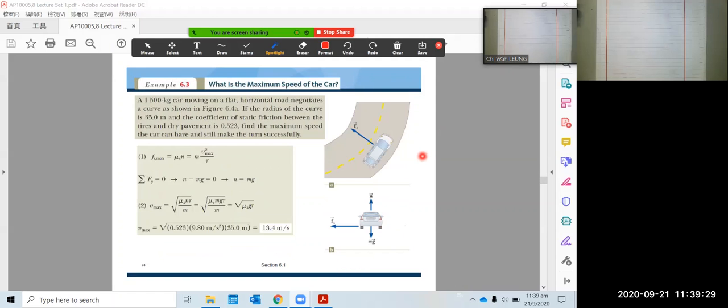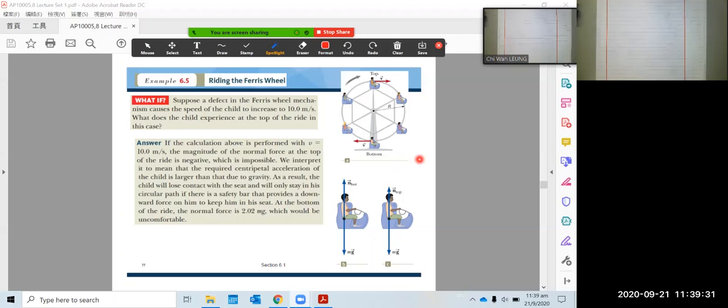Here, we have also talked about the case of vertical uniform circular motion. The acceleration is still pointing towards the center of the circular orbit, but where does the force come from? In the case of this Ferris wheel, or in general for vertical circular motion, it is a resultant force.